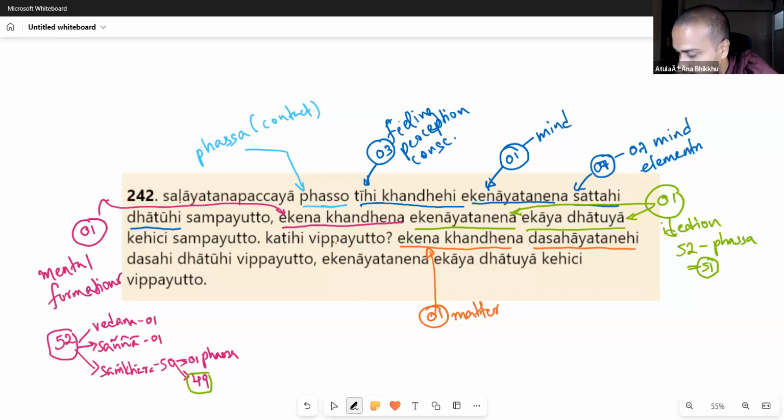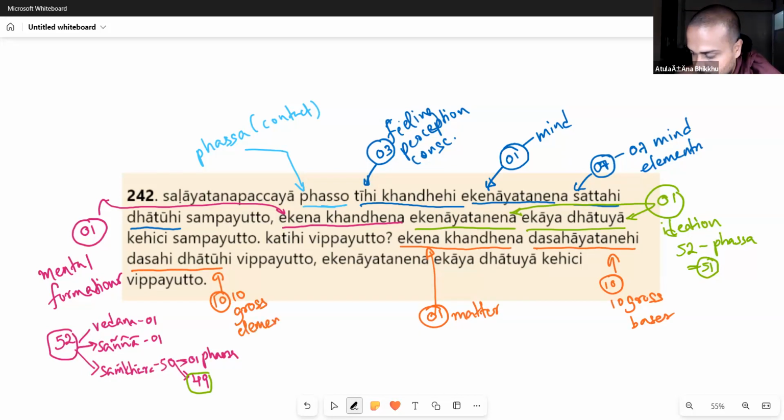Then dasahayatane means it's the 10 gross bases, and dasai dhatu again, it's the 10 gross elements, right?